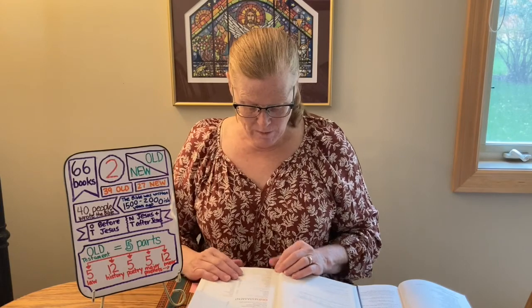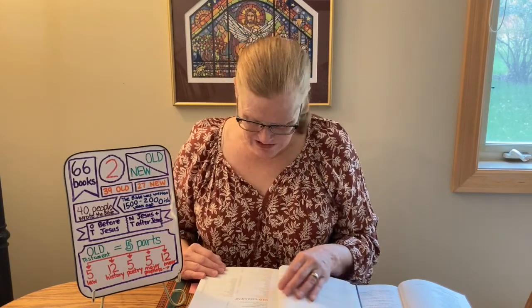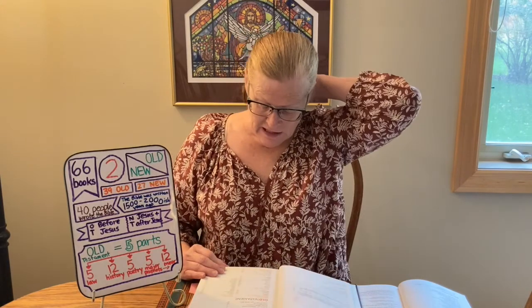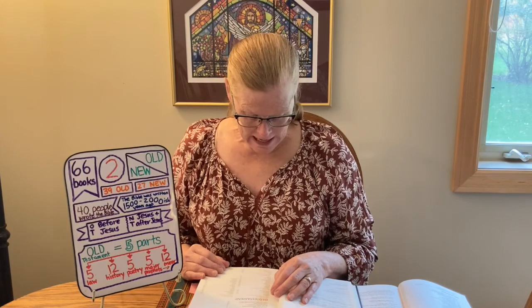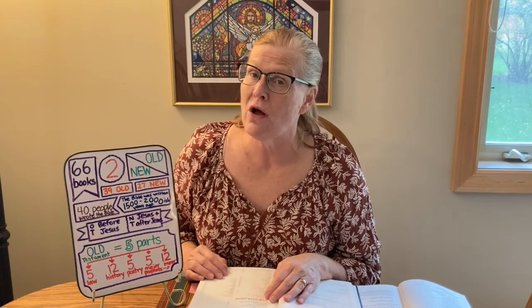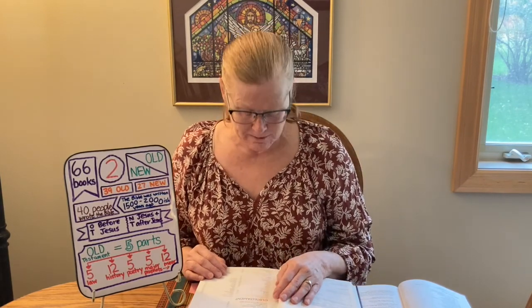Then we're going to go back to something that's called writings or poetry. These books, 5 books, Job, Psalms, Proverbs, Ecclesiastes, that's kind of a hard one, and Song of Solomon. Those are books of poetry. And probably the most well-known for you guys is the book of Psalms.